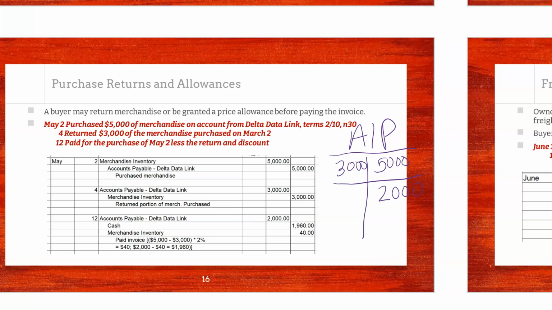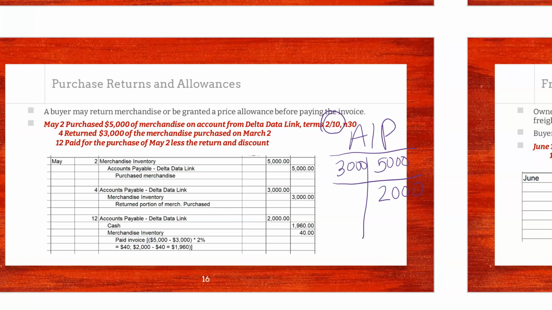Okay? So now it's time to pay, and we are going to pay this on May 12th. Now, when we pay on May 12th, that means we meet the terms of the 2/10. Okay? So, accounts payable is going to be debited $2,000. We're taking that $2,000 off the books. We don't owe it anymore. But we don't have to pay them that full amount.